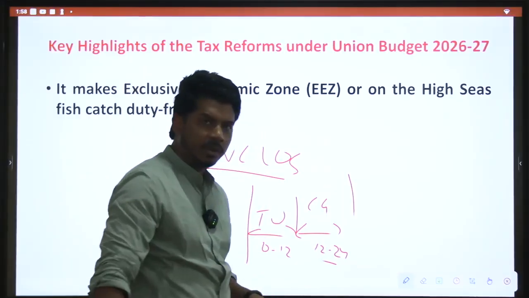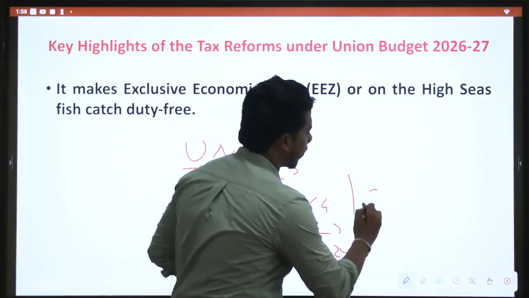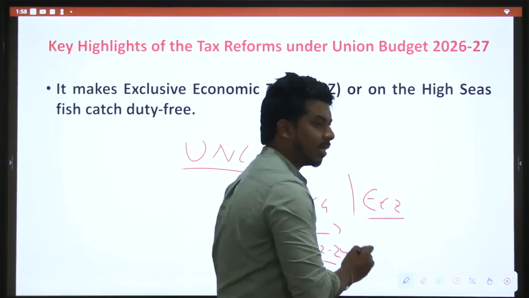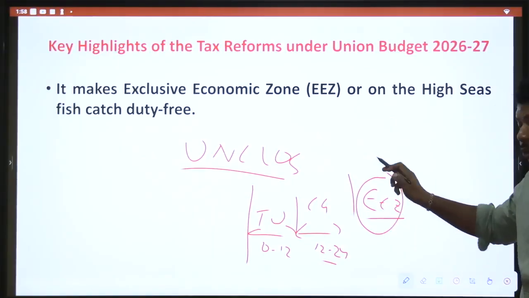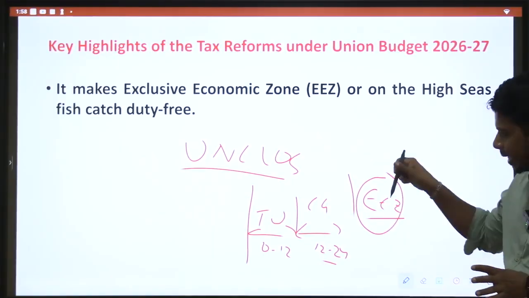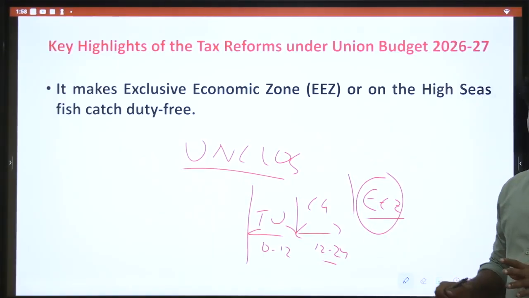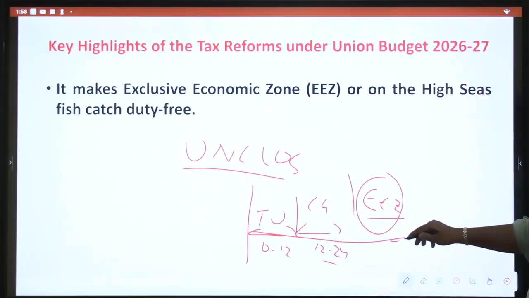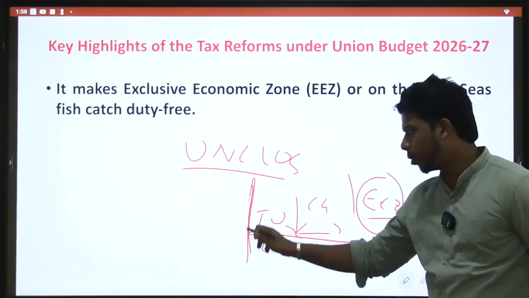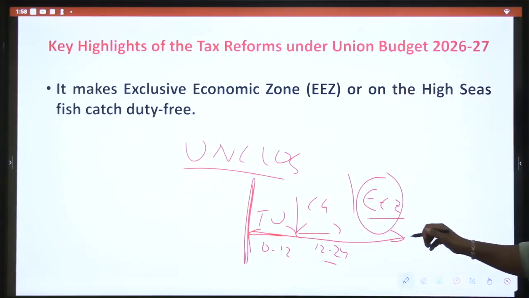After the contiguous zone you will have something called the exclusive economic zone, an area where India has exclusive economic rights. Any natural resources found in this region are India's. So almost up to 220 kilometers from the shore is the exclusive economic zone.